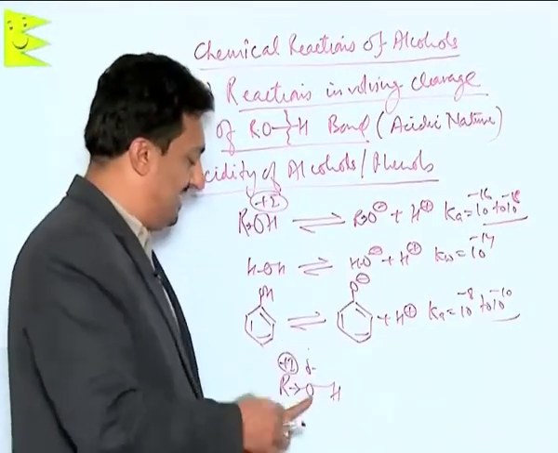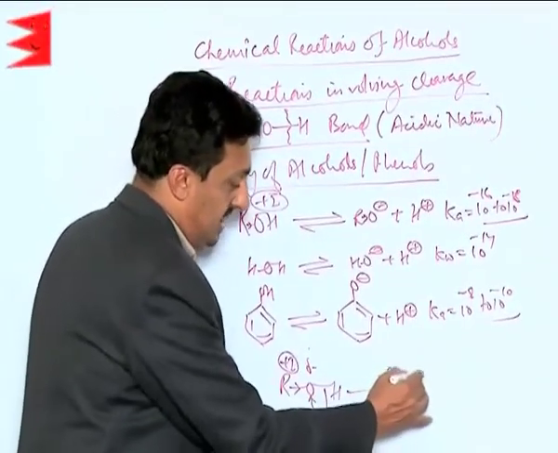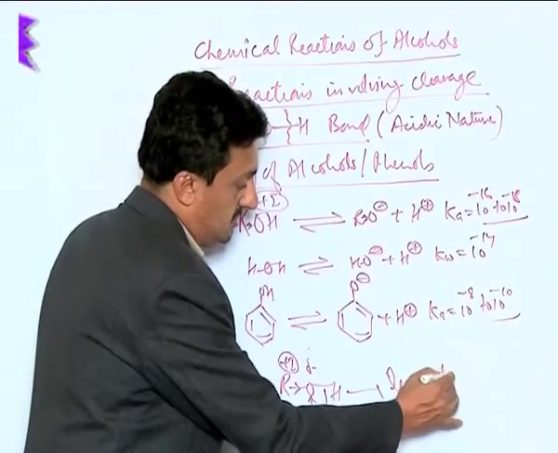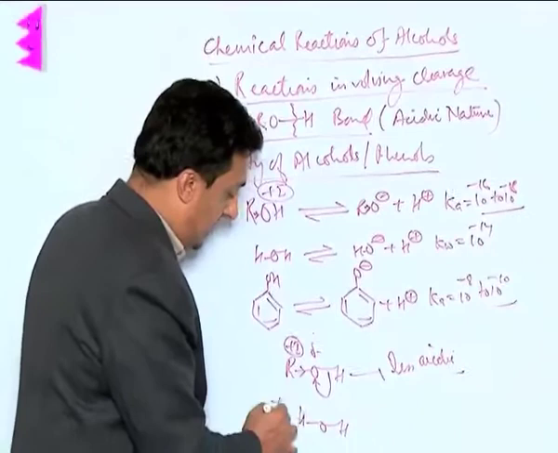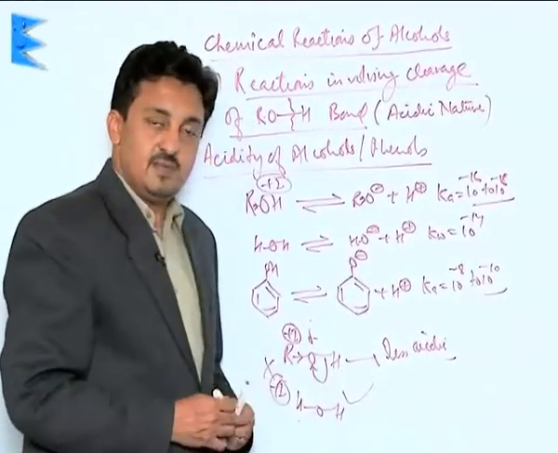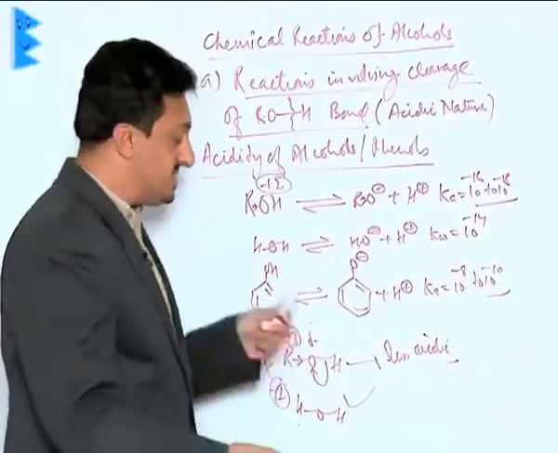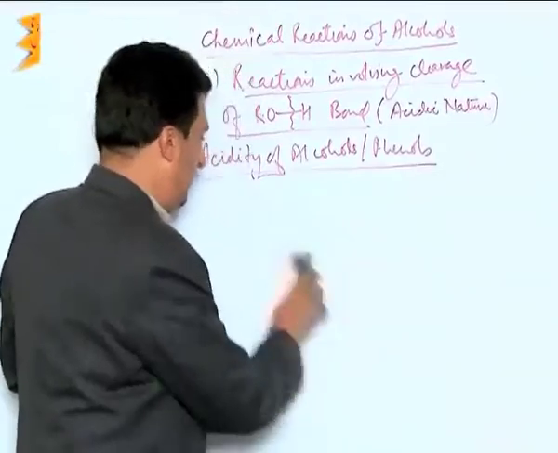Therefore this oxygen has a lesser tendency to withdraw electrons from the hydrogen, so it is less acidic. Whereas we have no such plus I effect in water, therefore it is more acidic. That's the major reason.